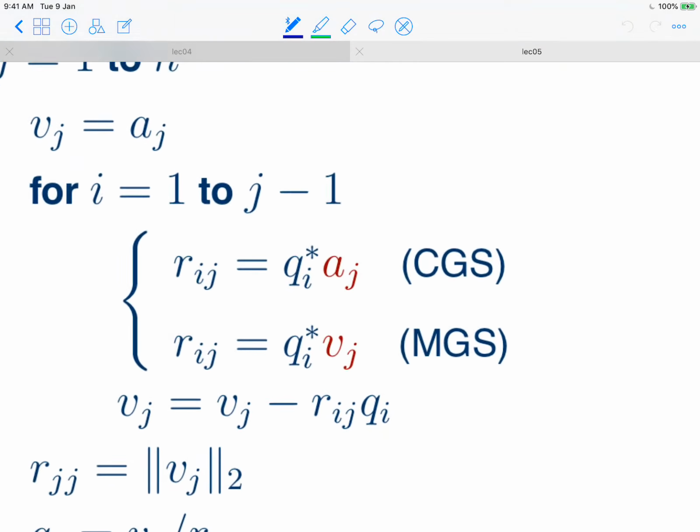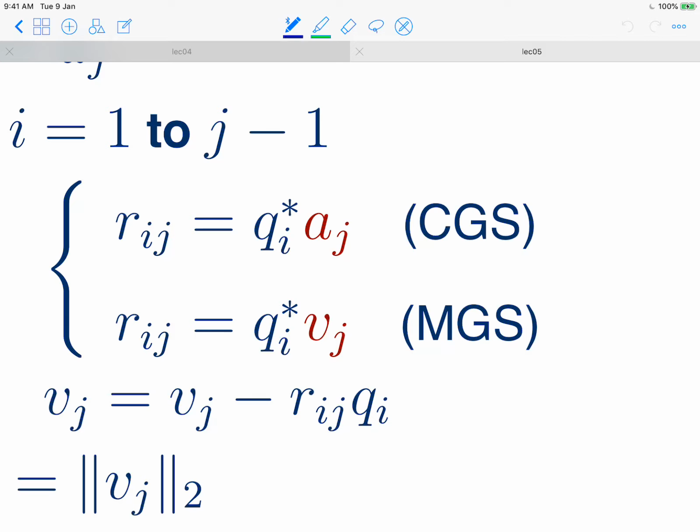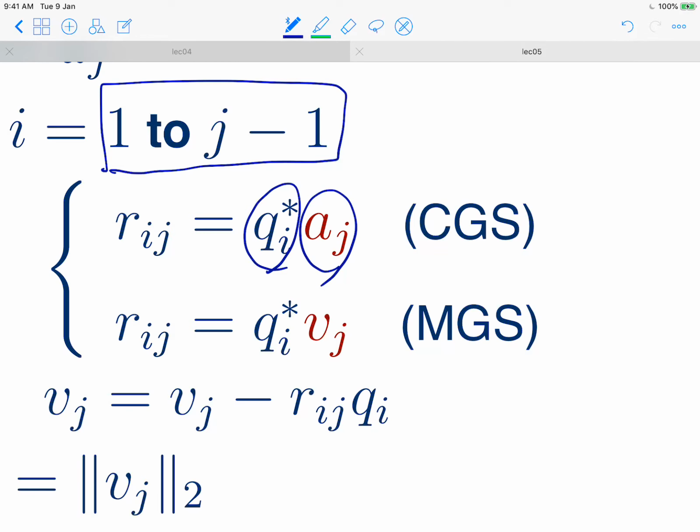Okay, so roughly, this is pseudocode that represents the classical or original Gram-Schmidt and this modified version. For each of the previously built Qi's, their component is computed as an inner product with always this input vector.